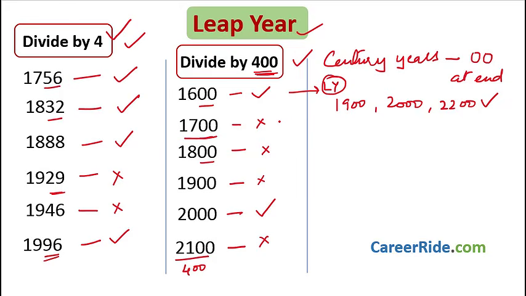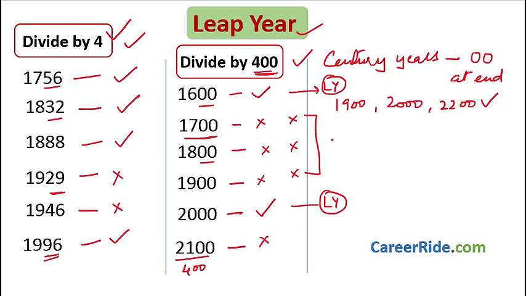After that, there came 3 non-leap years, right? And then again came a leap year. So when we are talking about the century years, between 2 leap years fall 3 non-leap century years, right?